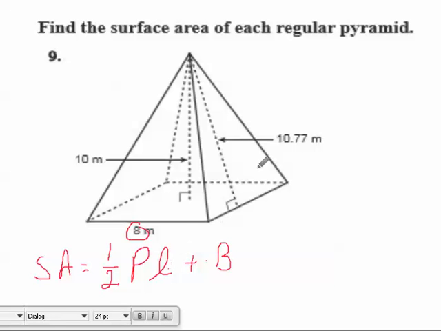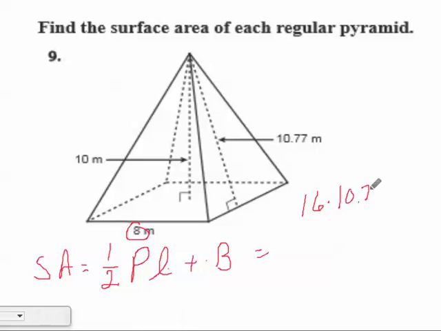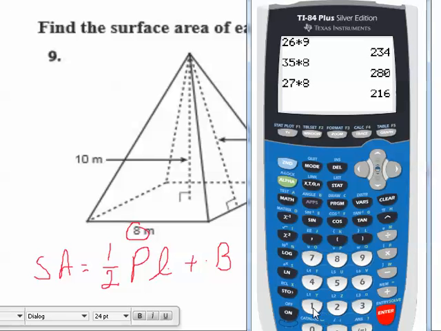16 times my slant height, that's going to be 16 times 10.77 plus base 8 times 8, 64. So got to bring up my calculator because I don't know my 10.77s very well.